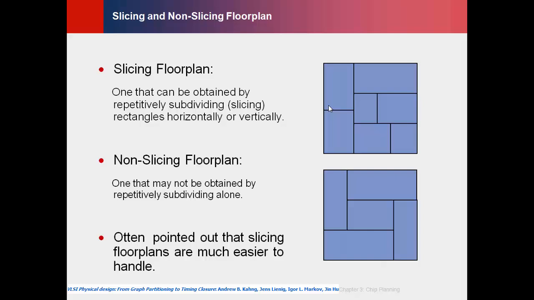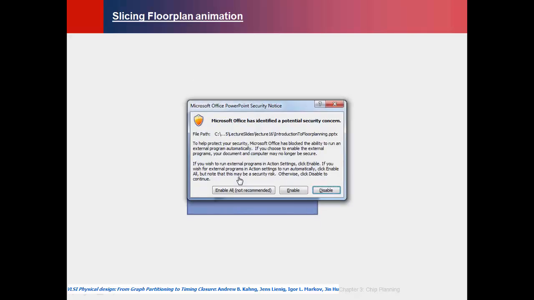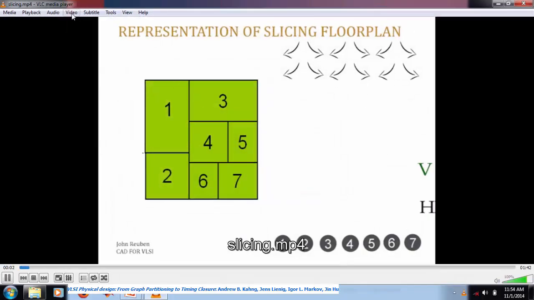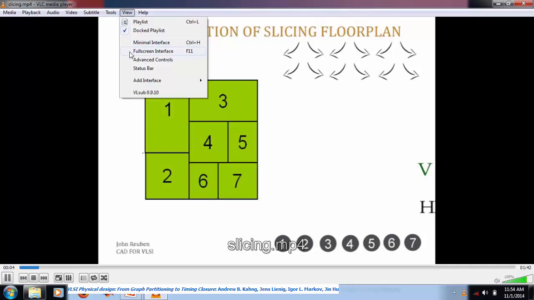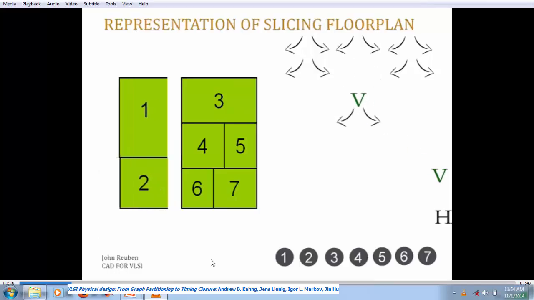Now let us look at the slicing floor plan. I'm just showing an animation on how the slicing tree is formed. So here we have this floor plan on the left, and how can you get the slicing tree?